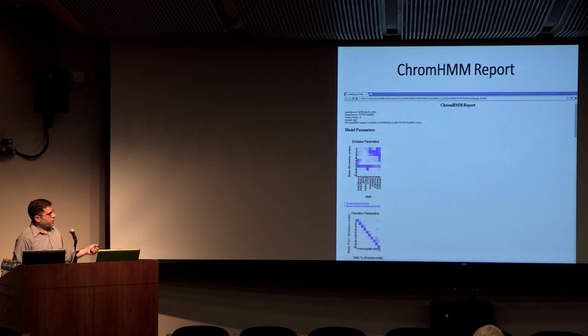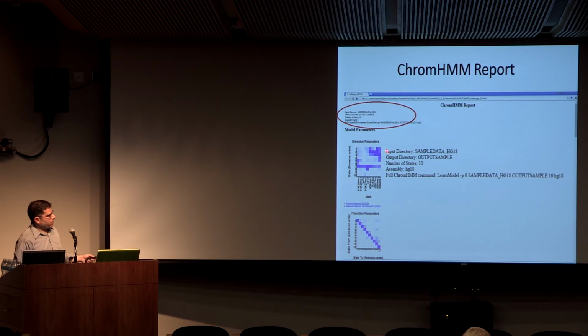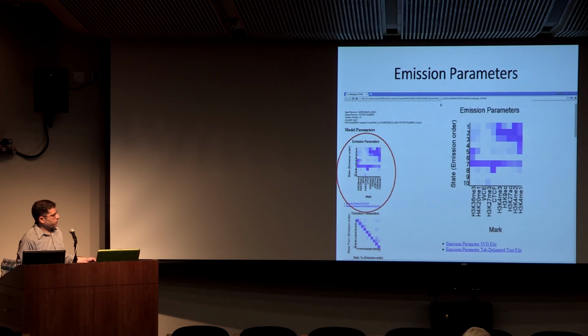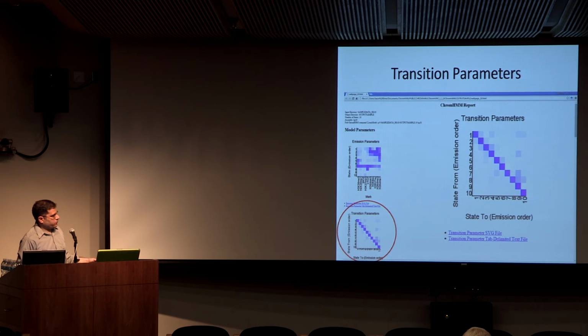After it runs, you're going to get a report like this, which at the top summarizes what your parameters were, so you can remember that if you want to reproduce the analysis. Then you can see the emission parameters and the transition parameters, which I didn't mention before, but these are the probabilities between states. So the hidden Markov model also captures the spatial information through this.